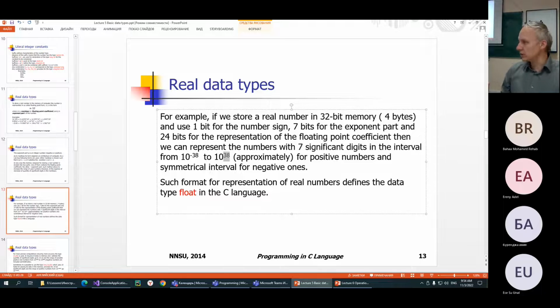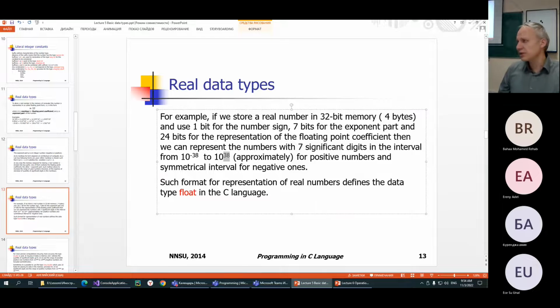So we can represent real numbers with a mantissa of 7 digits after the decimal point, and the power is 10 to the power 38.